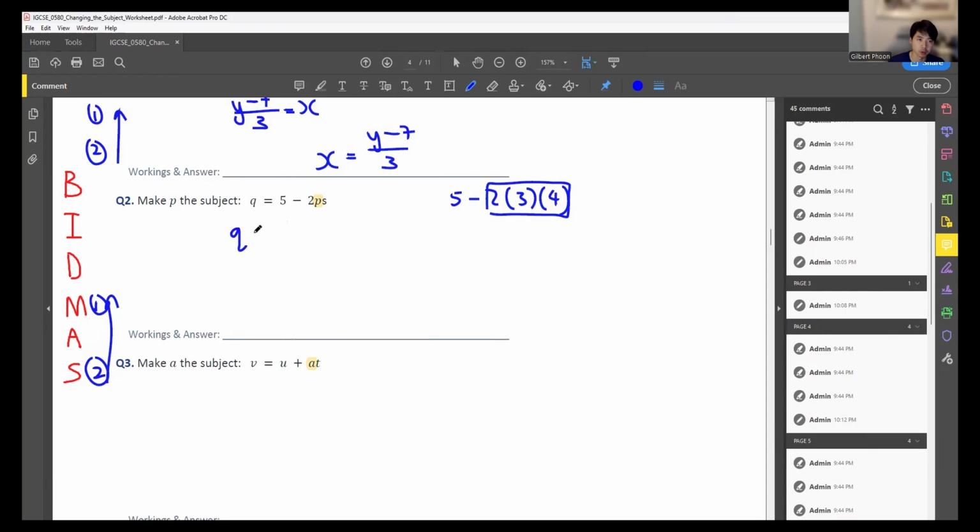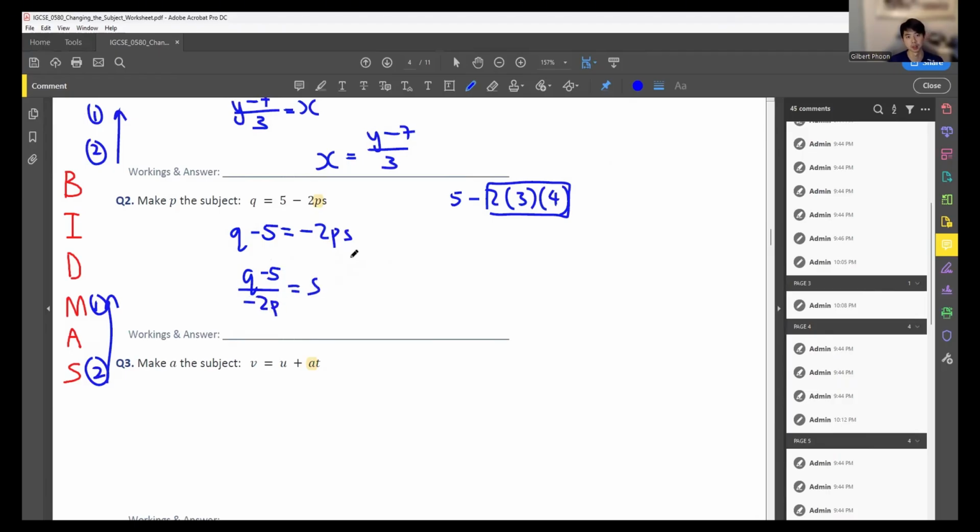I would have Q minus 5 equals negative 2PS. What I can do now, to make P the subject, is that it is actually negative 2S times P, right? So bringing the 2S to the left-hand side, I would have gotten Q minus 5 over negative 2S is equal to P.